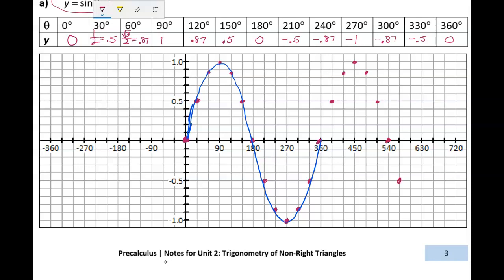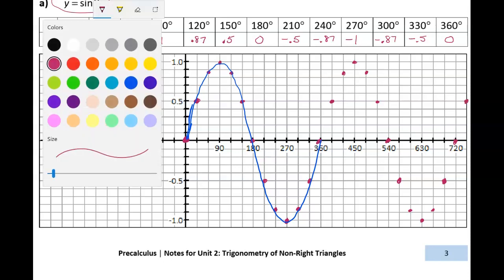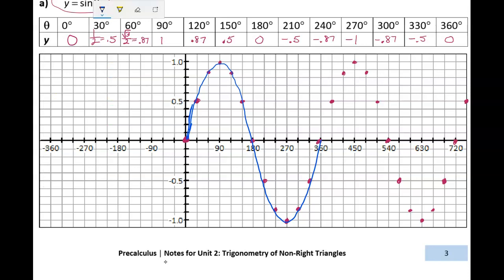So I'm just going to fill in the rest of these points here until we get to the end of the grid. Once we have all those points, then we can continue the graph.